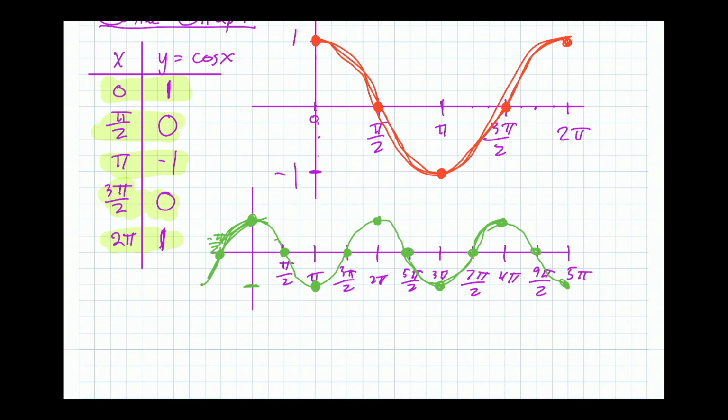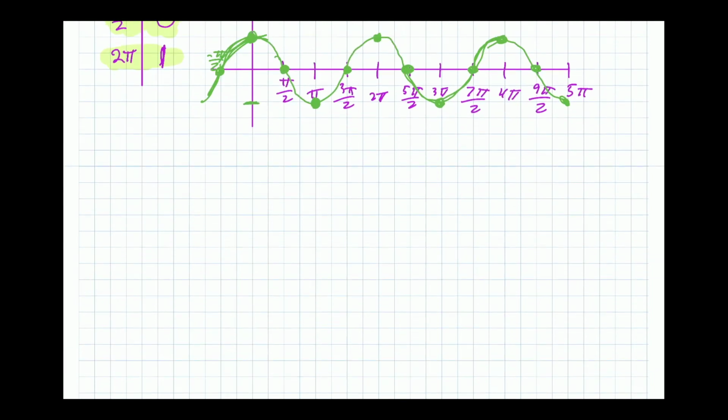Okay, so you would be able to answer questions about the cosine the same way as you would about the sine now. So if I say, for example, in, let's say, negative 5 pi to 5 pi? No, I want an even number, sorry.